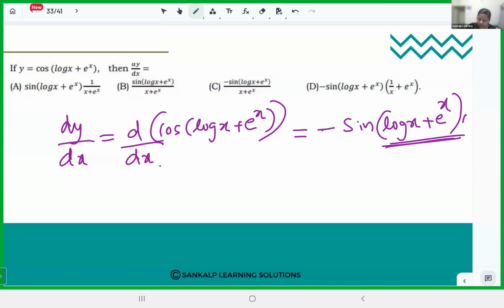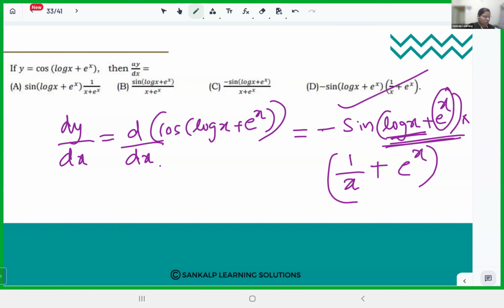So this one into, what is the derivative of log x? It is nothing but 1 by x, plus, what is the derivative of e raised x? It is equal to e raised x. So which is the answer here? Minus sine of (log x plus e raised x) into (1 by x plus e raised x). Option D is the right answer.